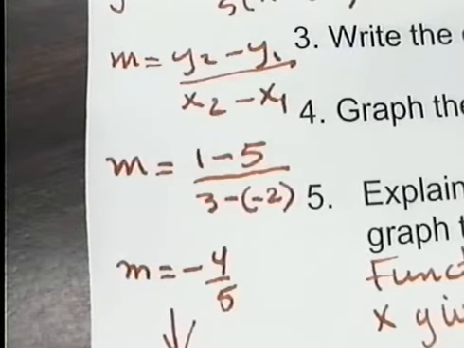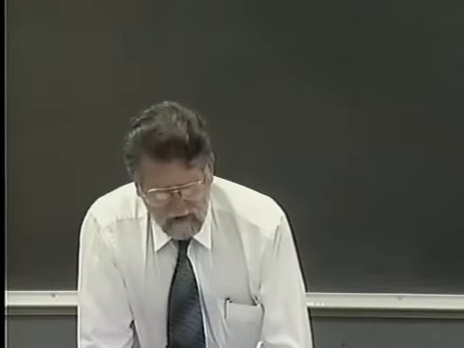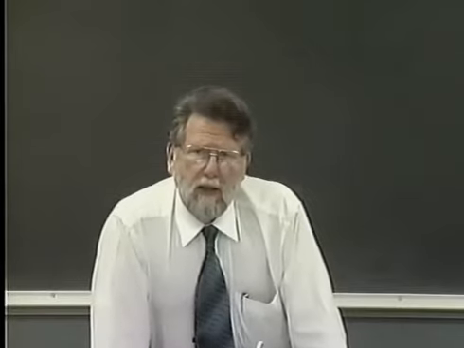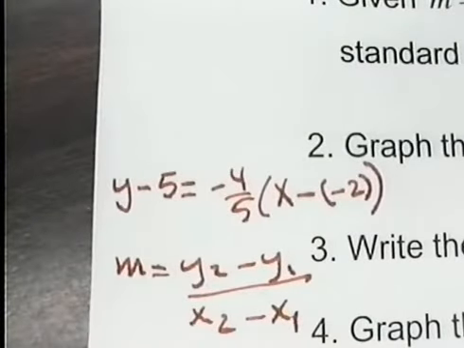Then the next thing is to go to the point-slope form for your equation, which I have now. y minus 5 equals -4/5 times x minus negative 2.